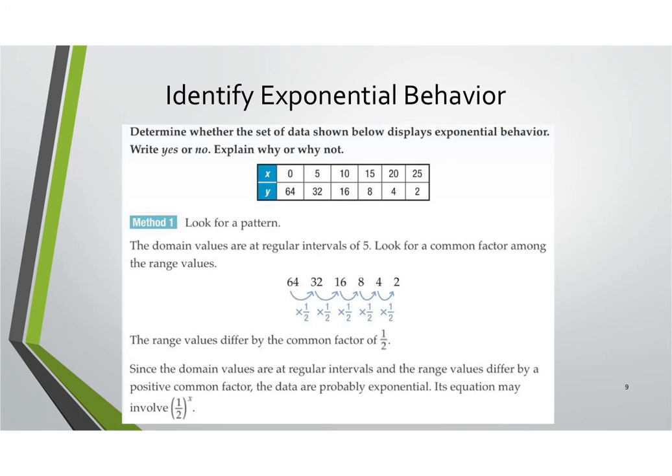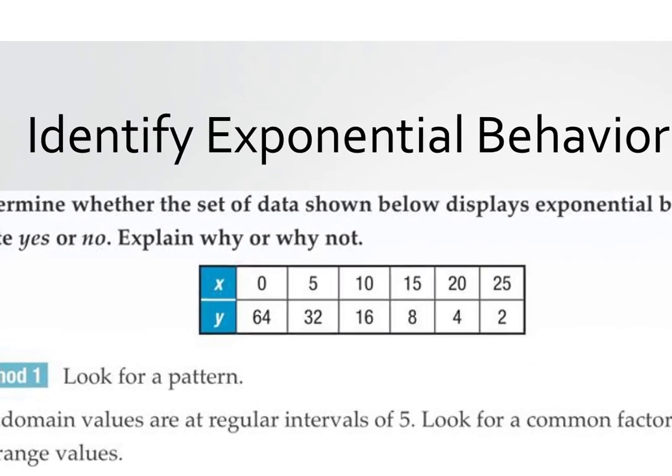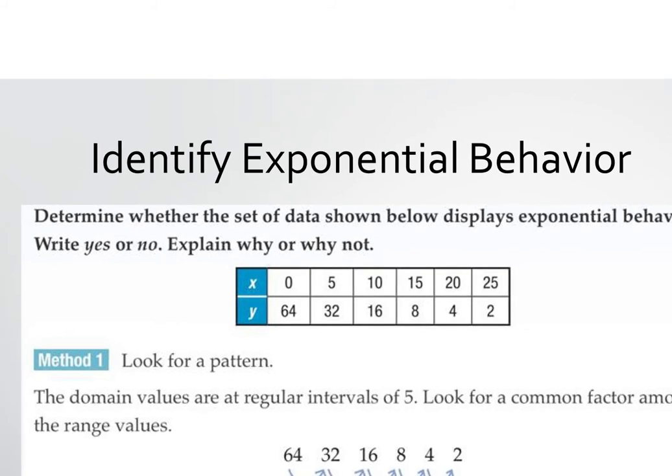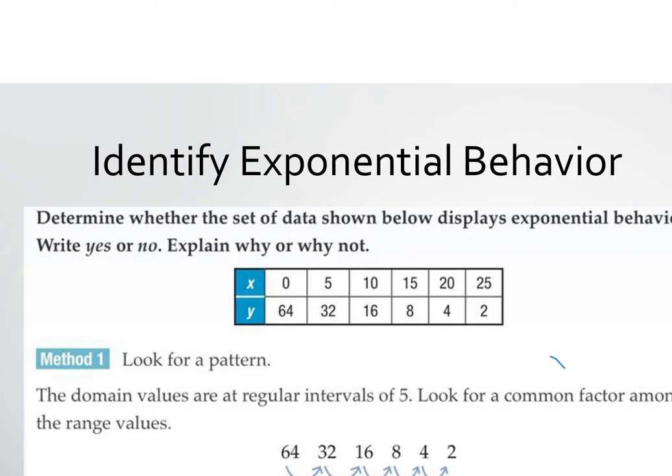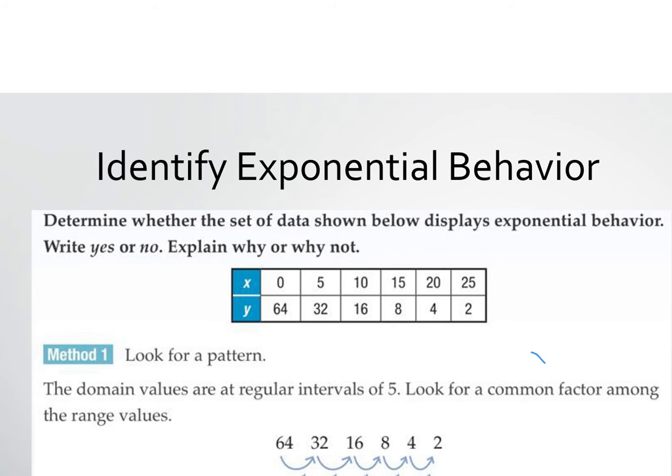Now, on this picture, first off, we're going to examine the graph, or the table really. We want to determine whether the set of data shown displays the exponential behavior. Again, we're not looking for a constant rate of change, we're just looking for a pattern. Now, two things you have to first see. Number one is that the domain values have to increase or decrease at regular intervals.